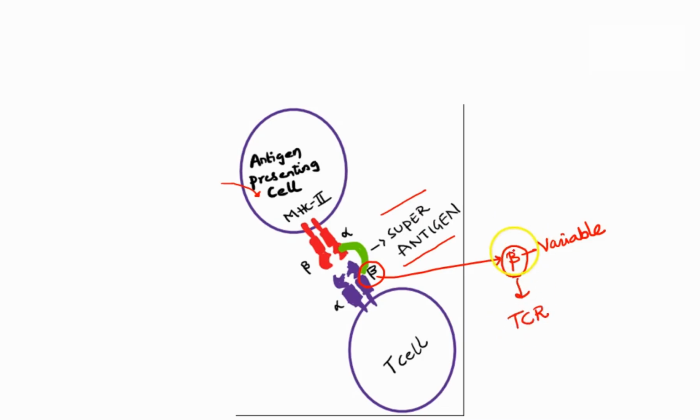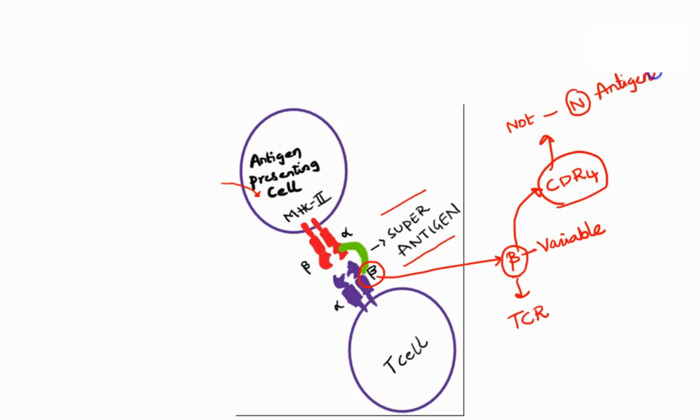Which part of the beta chain? It is the CDR4, which takes no part in case of normal antigen, but is very important in case of superantigen.